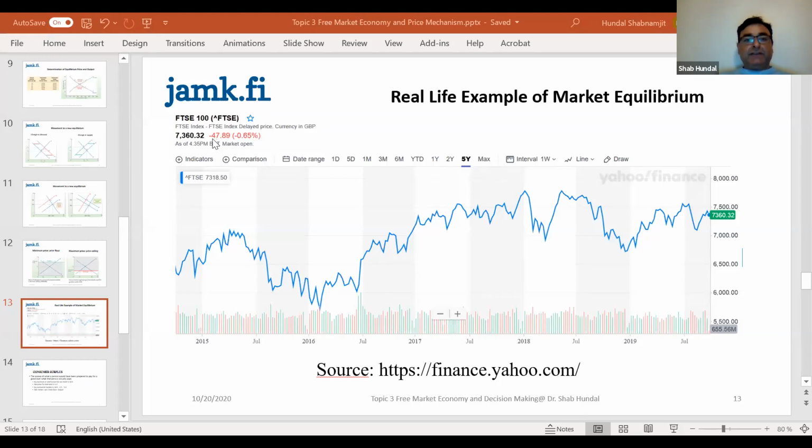And you can see here that when I took the screenshot, the market lost 0.65%. So it was a loss, and loss means red. Whenever there is a change in the index, there is a gain or loss, and the gain is represented by the green and the loss is shown by the red.